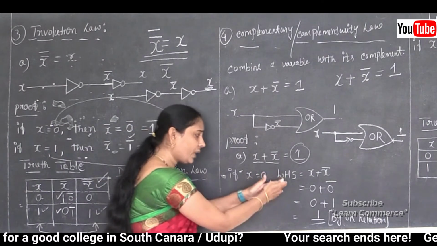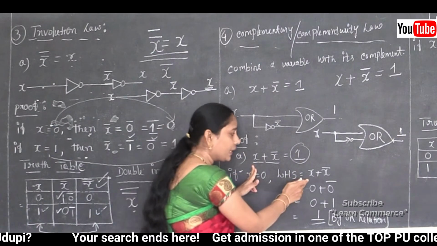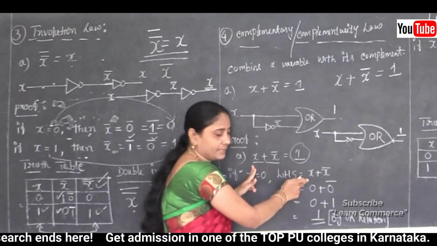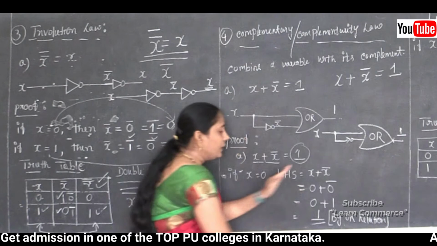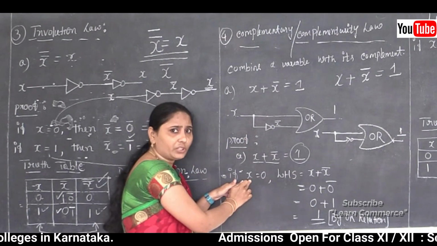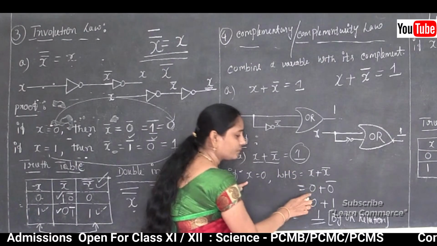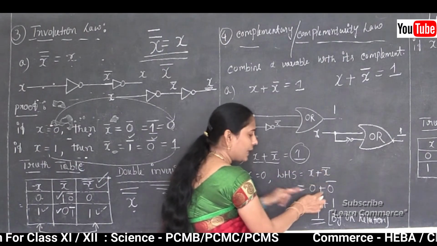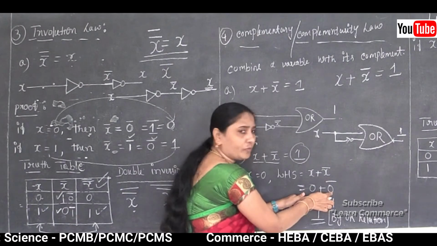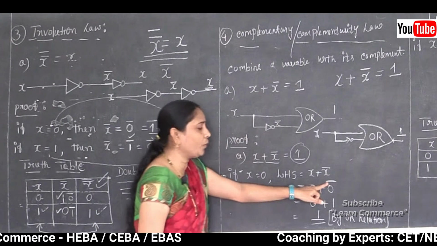Okay. Now I am taking the value of the left hand side, that is x plus complement of x. Next is the value of x. We know what the value of x is: the x value is 0, plus, as it is, complement of 0. The x value is 0, so we just need to add the complementation.